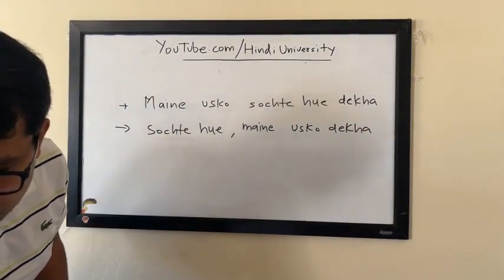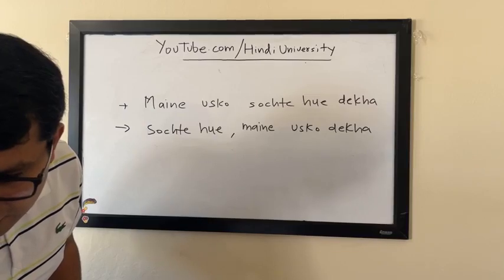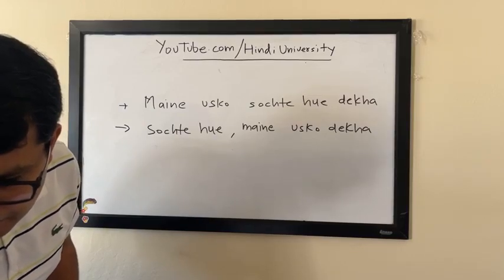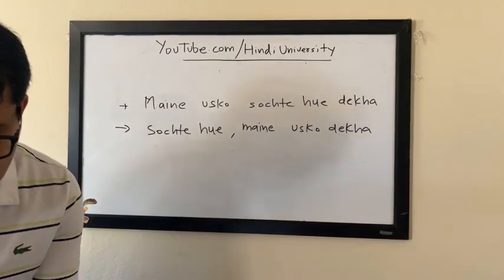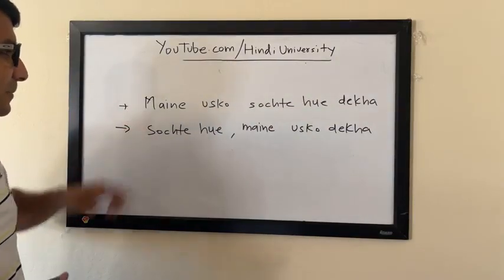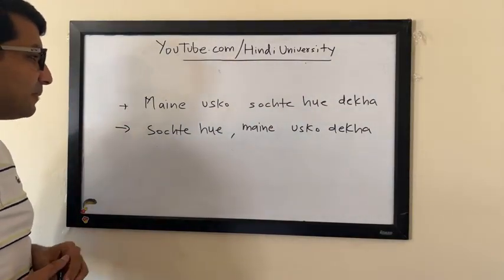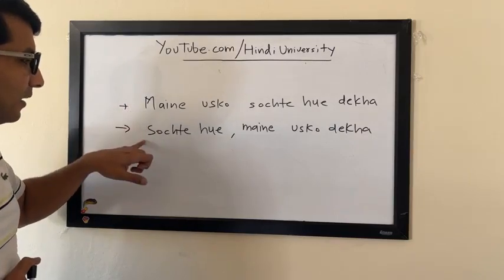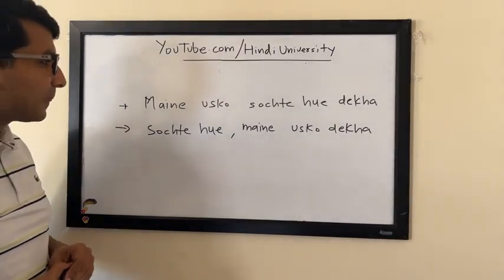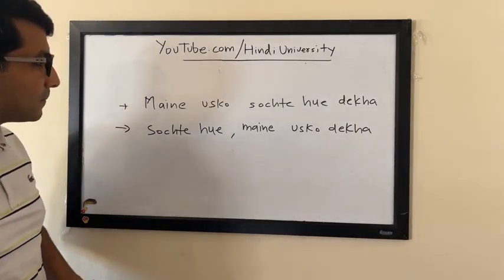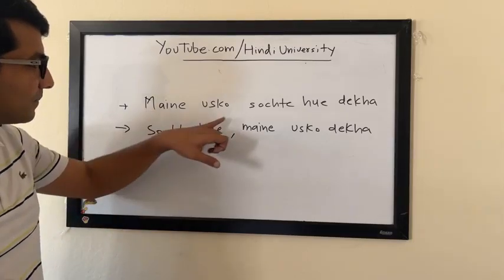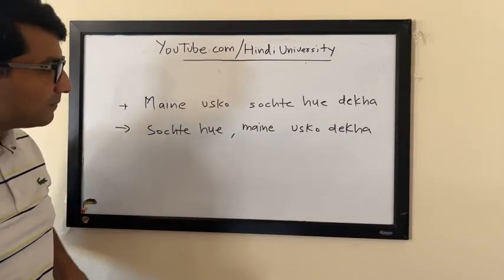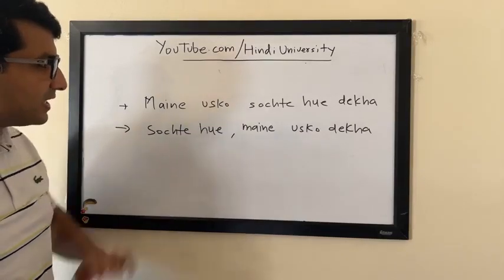Vatsala ji, tell us both of the sentences. What do they mean? मैंने उसको सोचते हुए देखा, सोचते हुए मैंने उसको देखा. The first one, I saw him while he was thinking. While who is thinking?